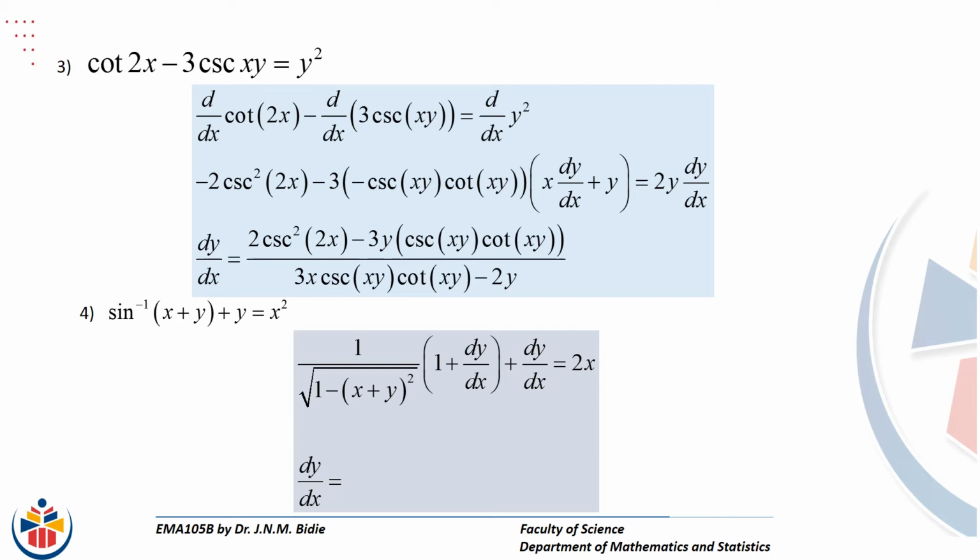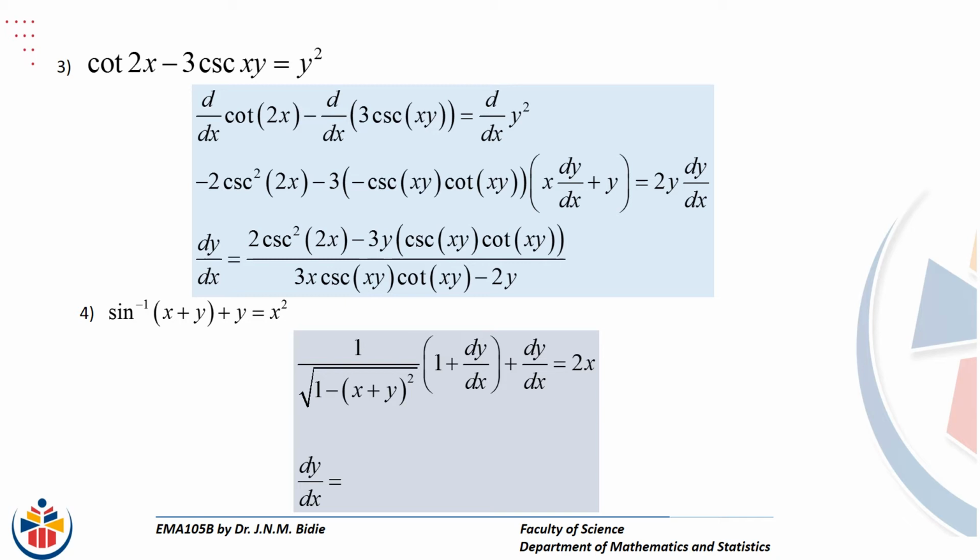So therefore, we'll have negative cosec xy cot xy. Note the argument of cosec does not change. Then we multiply that by the derivative of the argument of cosec, which is xy. Therefore, the derivative of xy is x dy over dx plus y. You may exchange them, it doesn't matter.